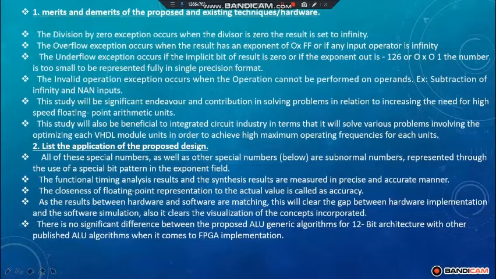incorporated. There is no significant difference between the proposed arithmetic logic unit generic algorithm for 12-bit architecture and other published arithmetic logic unit algorithms when it comes to FPGA implementation.